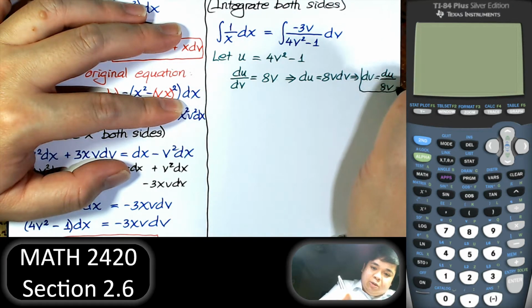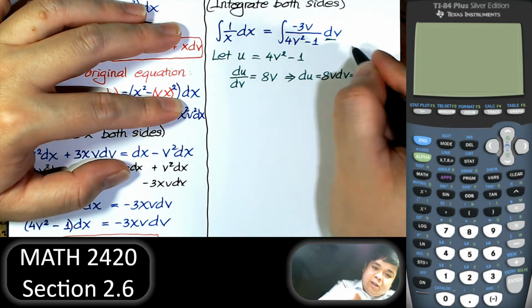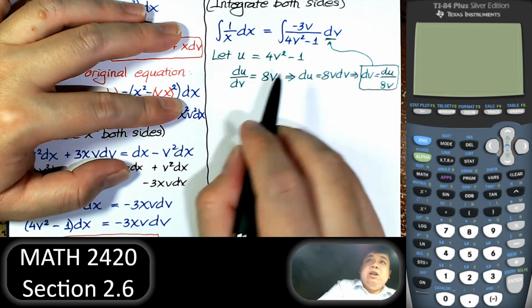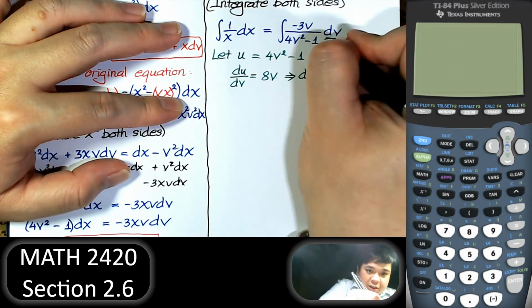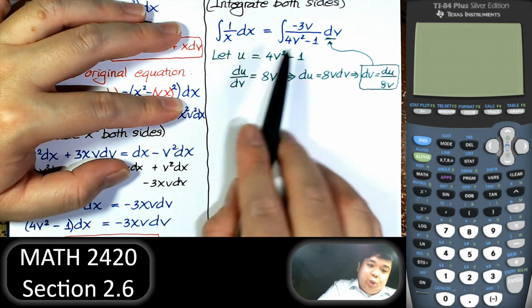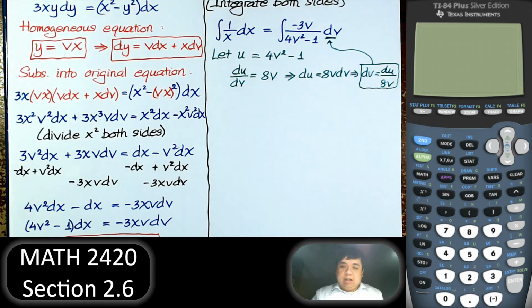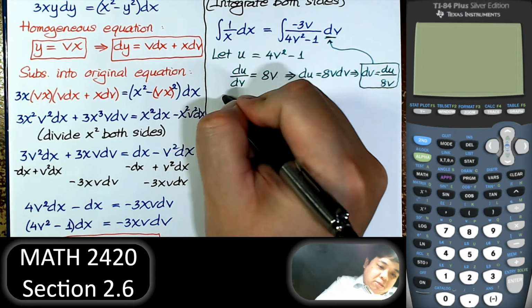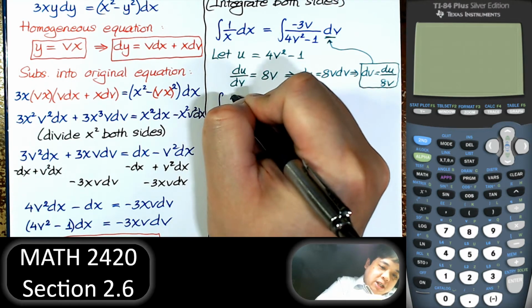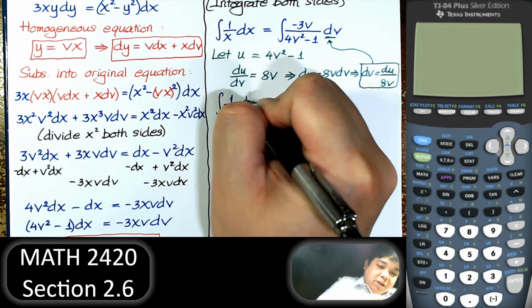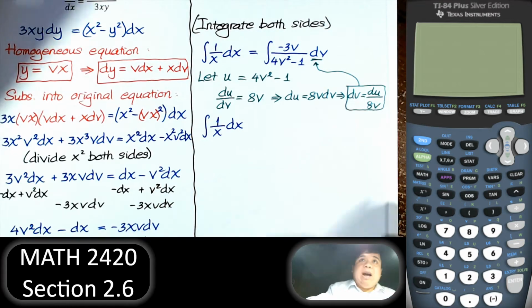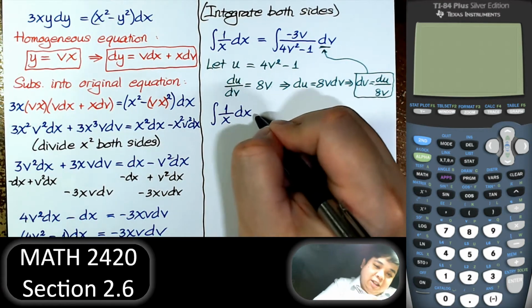So we're going to substitute that into dv, and u is the denominator. The left hand side is easy, so I just keep 1 over x dx, because later on that's just ln of absolute value of x plus c.